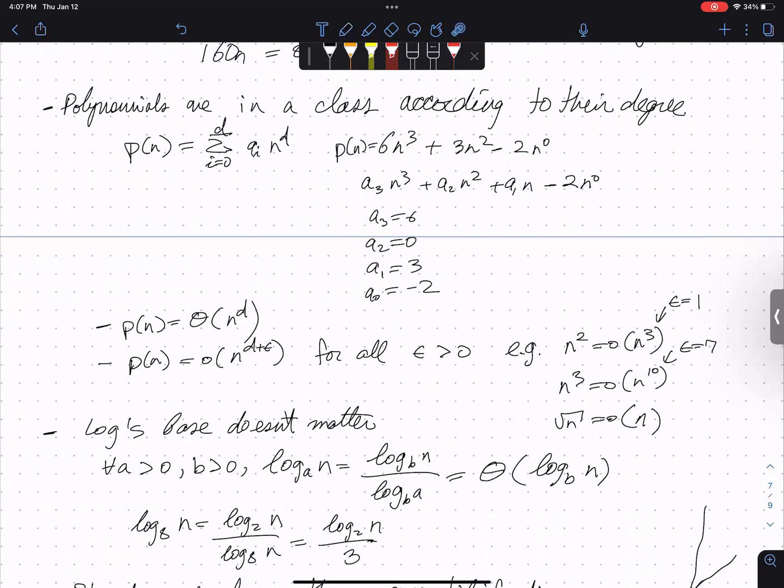So I can abstract it by writing it like this. So I got some n cubed times a coefficient a3. So in this case, this coefficient is 6. Then I got n squared, 3n squared, which is n squared times this coefficient a2. And a2, oh, here's a mistake. A2 is 3.